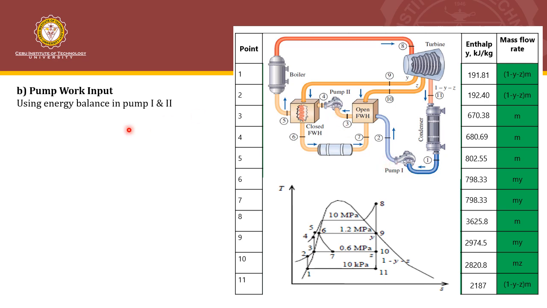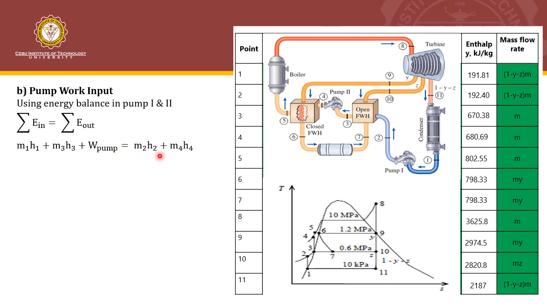So using an energy balance, combining pump 1 and pump 2, the entering are point 1, which enters here at pump 1, and also point 3, which enters here at pump 2. That's why we have here m1h1 plus m3h3. We also have the total pump work input. So this is already the sum of pump 1 and pump 2.